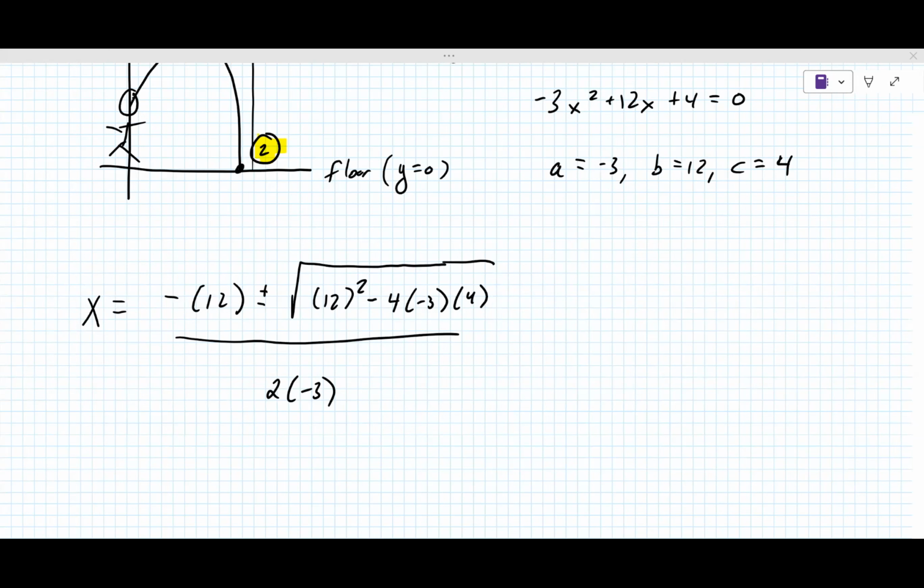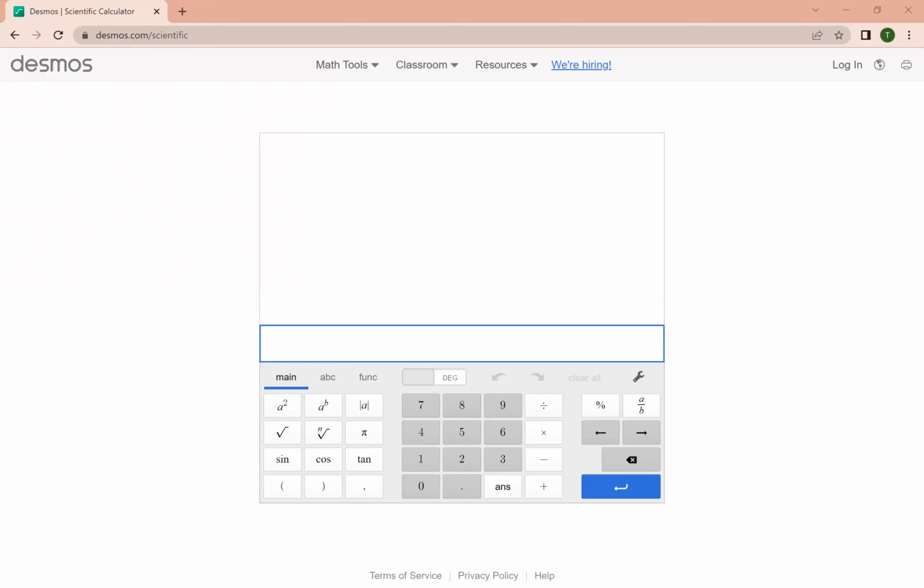Got it. All right, so I'm going to really quickly share my screen, this other screen here, and let that load up. There it is. Okay, so it's that link I sent you, Desmos Scientific. I'm not affiliated with them. They do make a nice product though. So x equals, and now the first thing I'm going to do is put a fraction bar in here, which is the division symbol, and I'm just going to enter it exactly the way that it's written there.